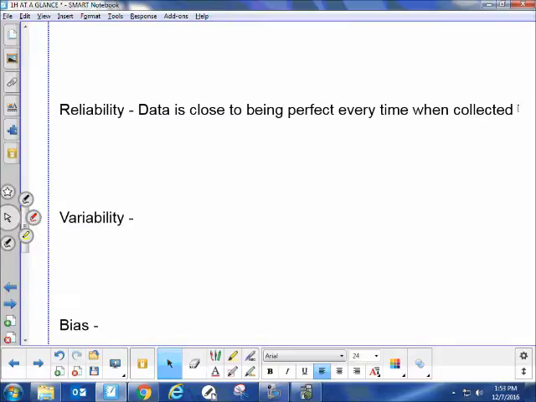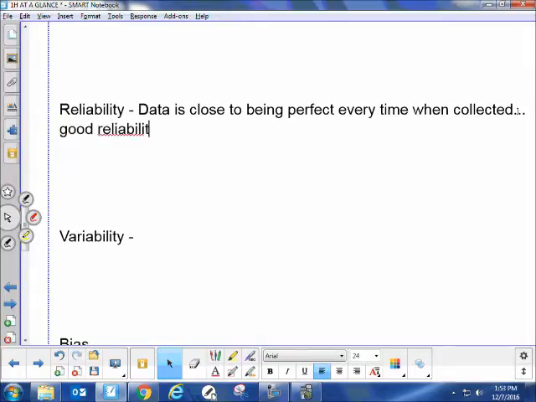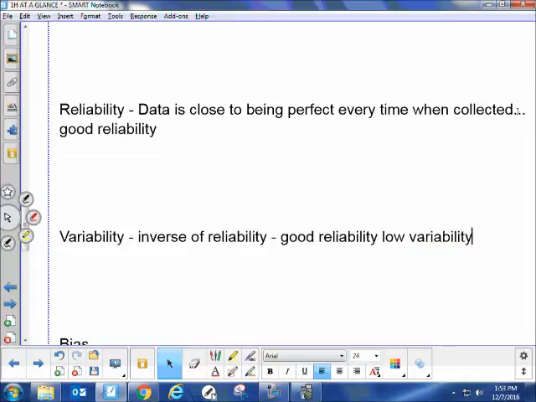So good reliability would mean low variability. So that means if I'm taking a measurement of something, I want it to be consistent and perfect every single time.